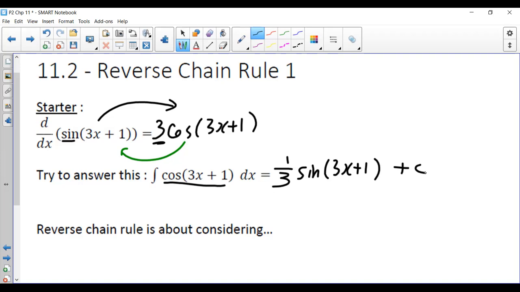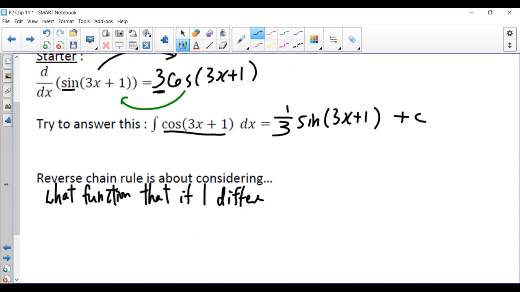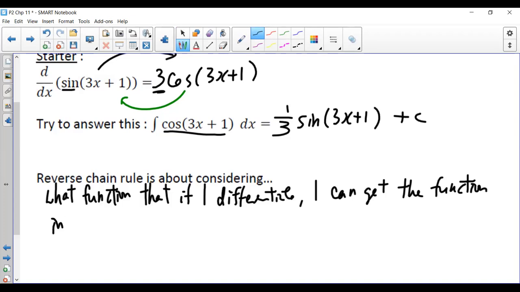Reverse chain rule means we are going to consider what function, if I differentiate, I can get the function inside the integral sign.